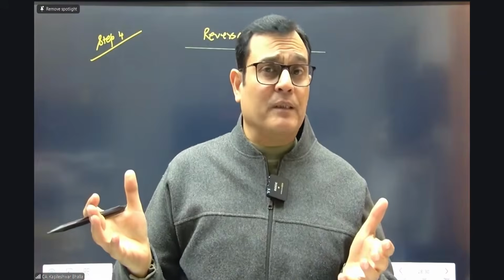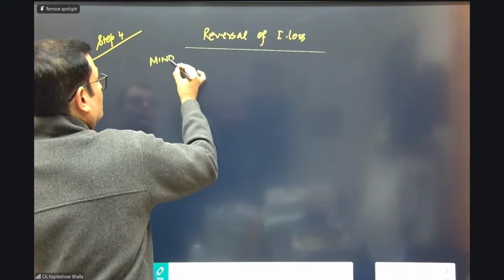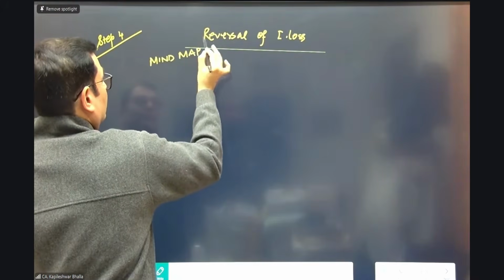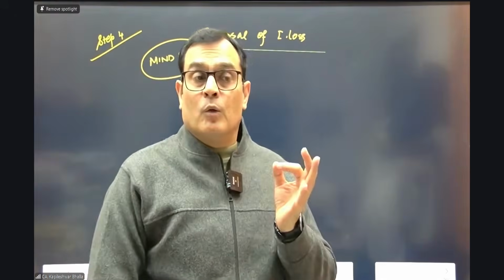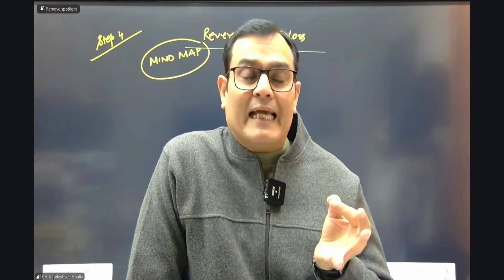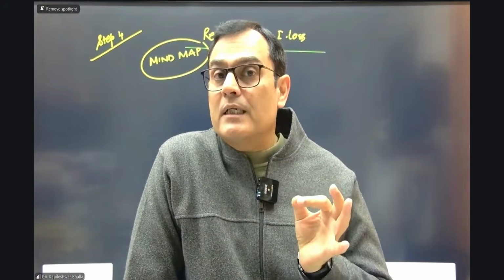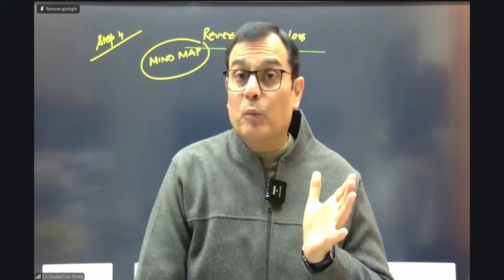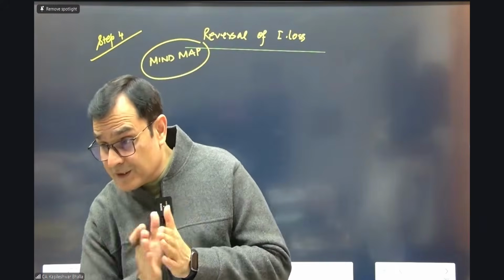If the need be, we'll take a simple example explaining the concept as well. So first of all, a quick mind map on the reversal part: there are 2 things. When does a reversal take place? That is one. And the second is, once the reversal takes place, what is the accounting treatment? So we're going to divide our discussion into 2 elements.